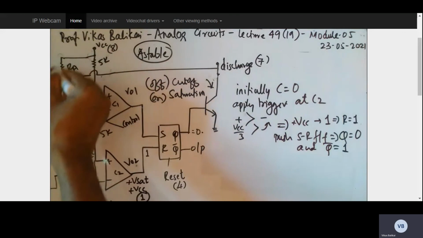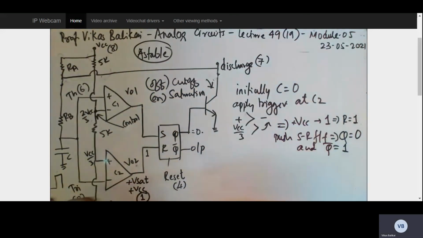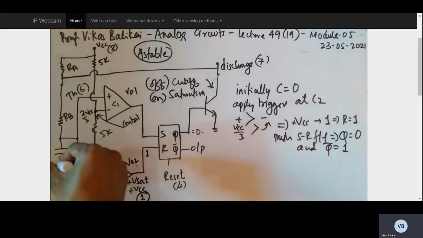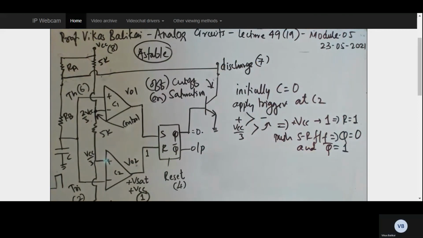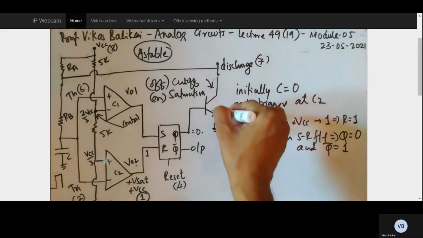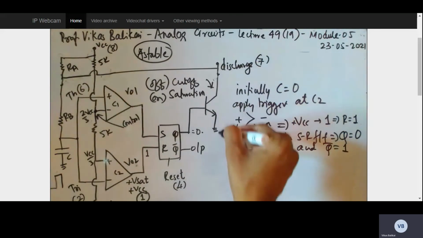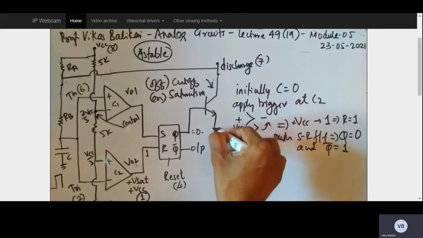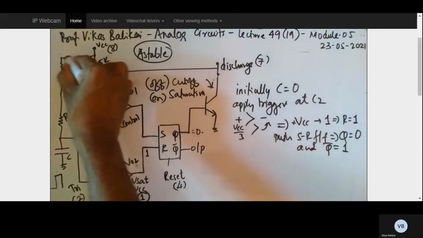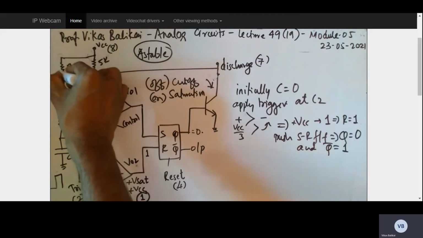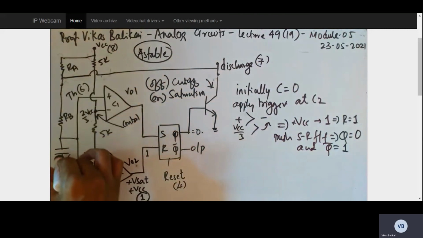This VCC would have taken that path. Moreover, because of that path, the capacitor would also have been discharged due to its earlier condition. So in the earlier state, my capacitor was completely empty, and there was no scope for it to charge. Now this connectivity has been broken, and there is no path connecting this line to the ground. As a result, the voltage entering through RA and RB charges the capacitor.